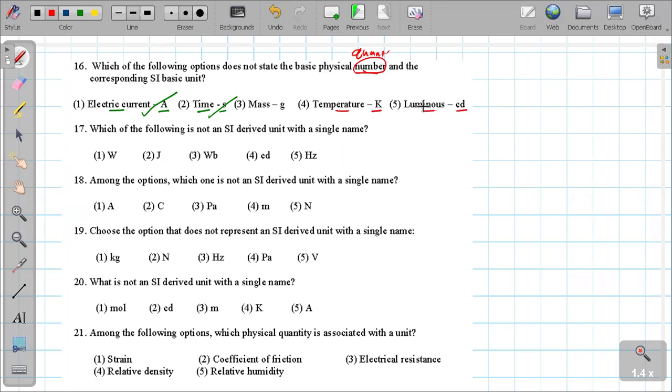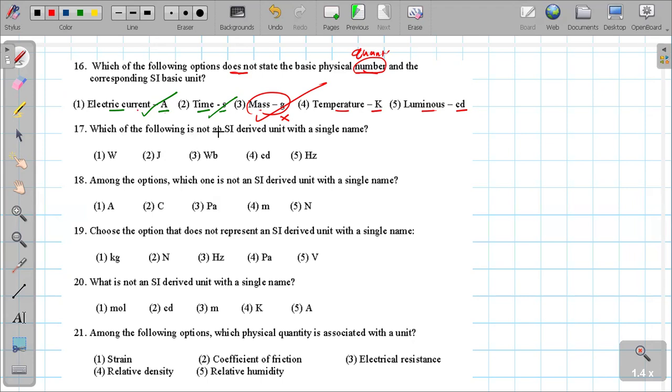Luminous, candela, yes. Mass, not grams, it is kilogram. It is not. So the answer is this one. This is yes, so this is no. Since the question asks which does not state it, the answer is this one.